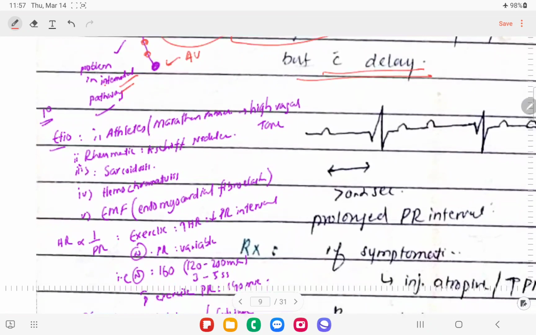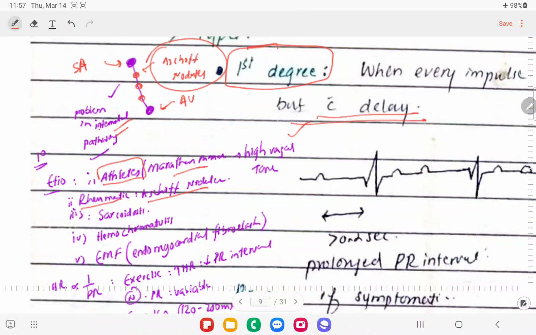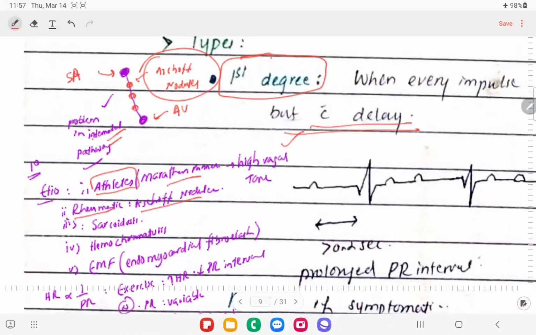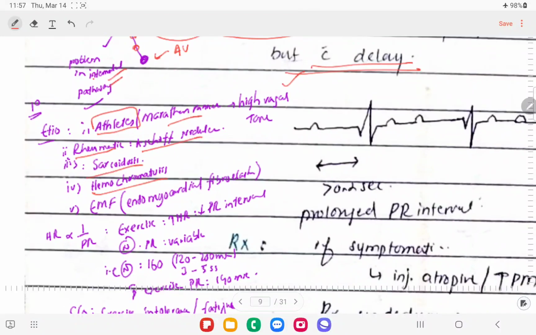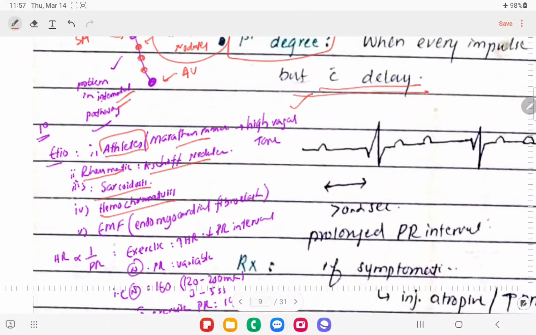First degree heart block can also be normal, like in athletes or marathon runners, because of high vagal tone, just like sinus bradycardia. Other causes are deposition of iron here, as in hemochromatosis and sarcoidosis, and fibrosis of these pathways like endomyocardial fibroelastosis.